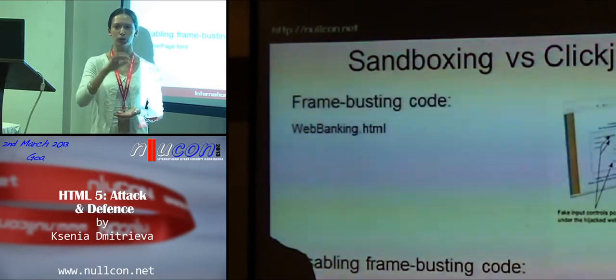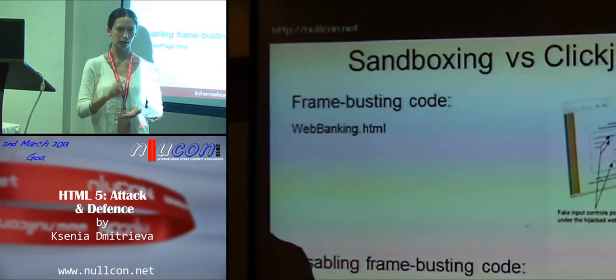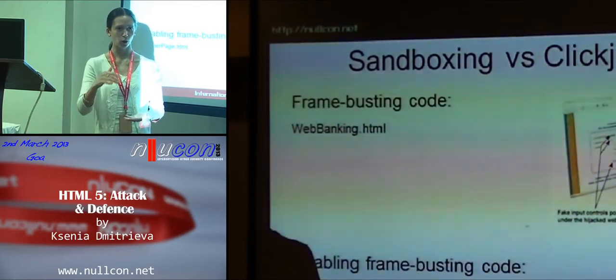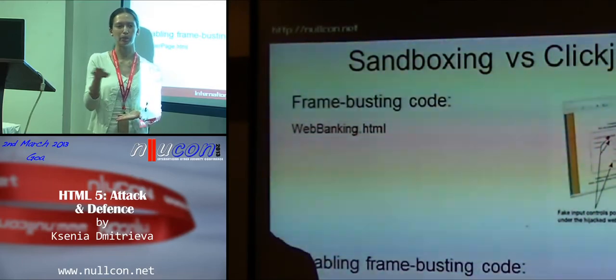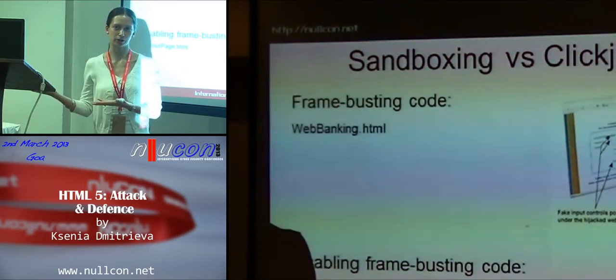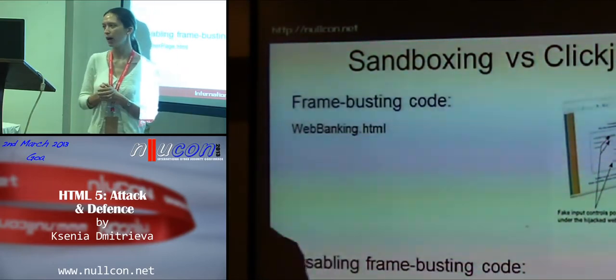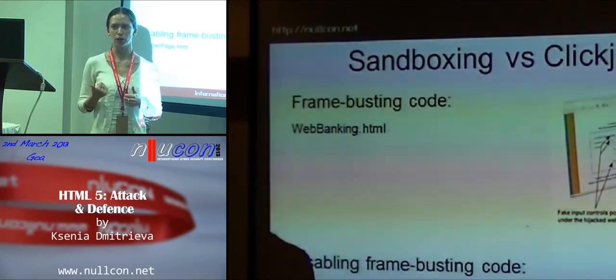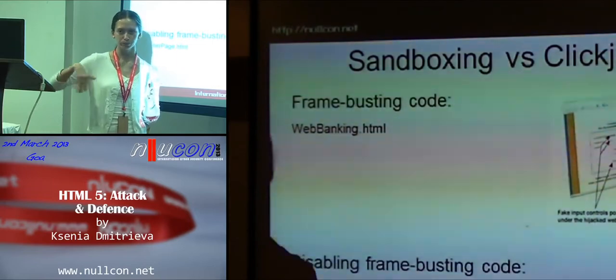So when the user types his username and password, he thinks that he's typing onto the normal website, while he's actually typing his username and password onto the invisible attacker frame, and the attacker steals the credentials.